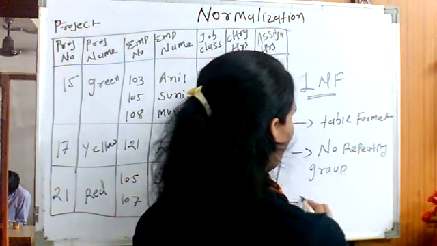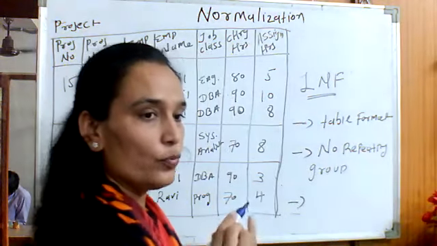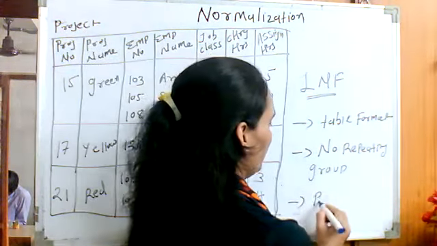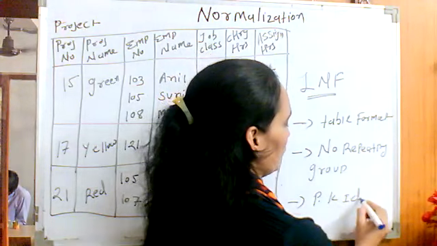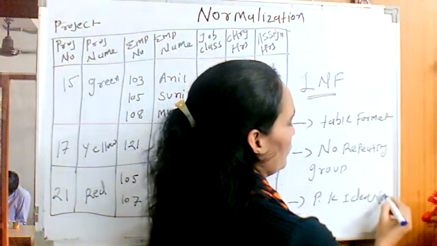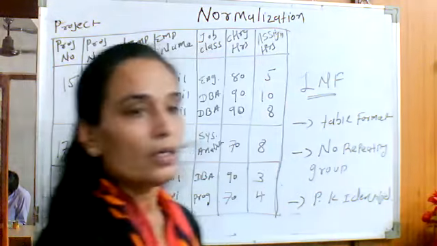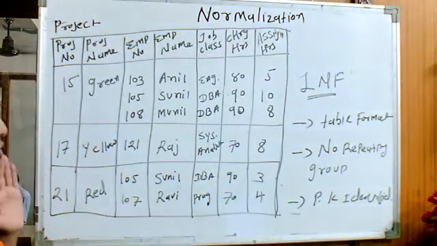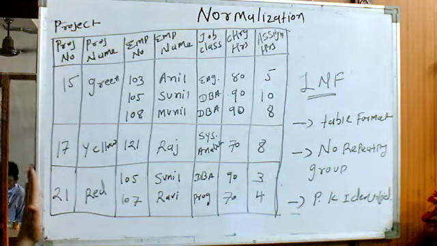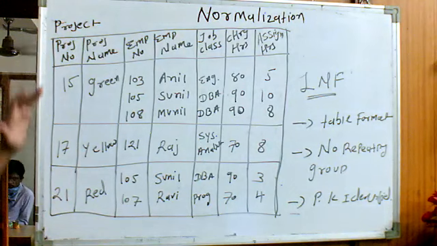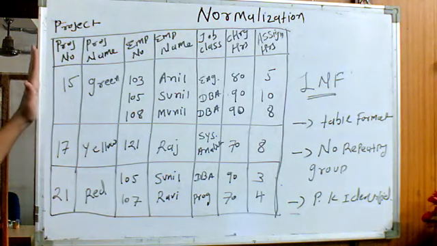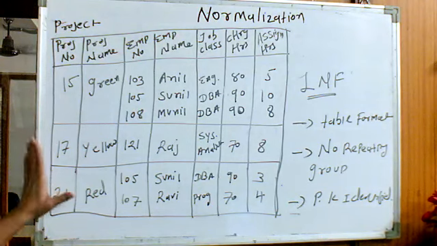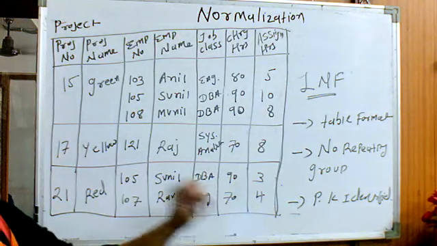And third, the primary key should be identified. So first of all, we will take one data here. I have taken one project data here, and we can see that this table data is not in first normal form.